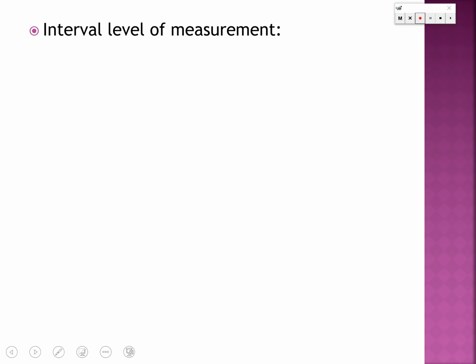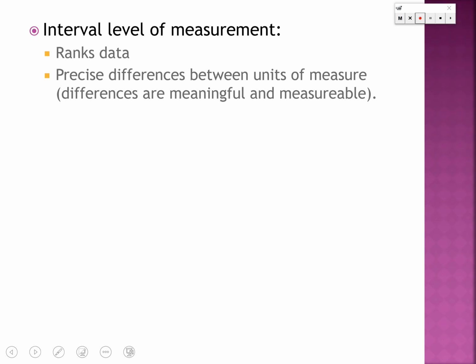Our third level of measurement is called interval. Interval does rank the data. There are actually measurable differences, though, between the different values. There is no meaningful zero, and by no meaningful zero, zero does exist, but 0 doesn't mean 0.